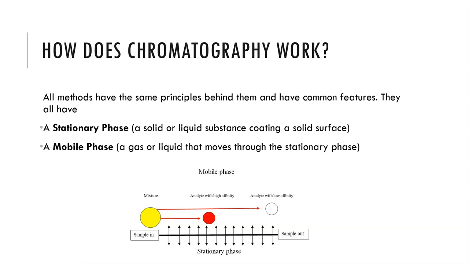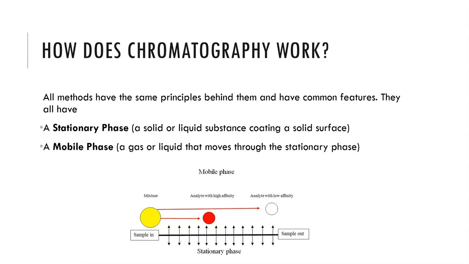All methods of chromatography have the same principles behind them and common features. This is important because you will see exam questions which ask, how does chromatography work? Or the question is essentially, explain how chromatography works. Every form of chromatography has a stationary phase, a solid or liquid substance coating a solid surface, so this does not move, it is immobile, it is stationary, and a mobile phase.